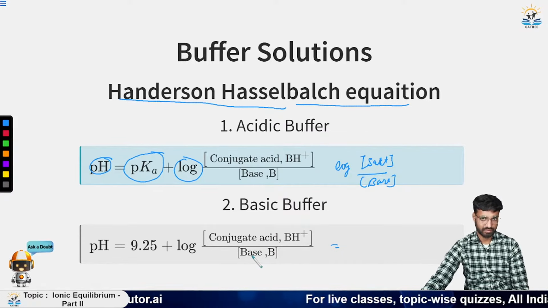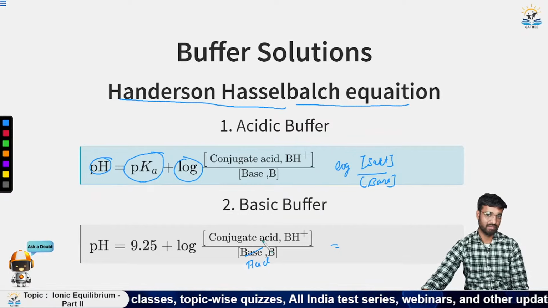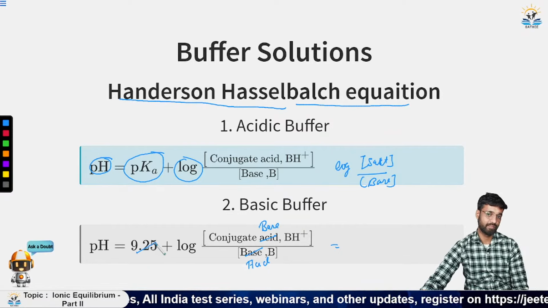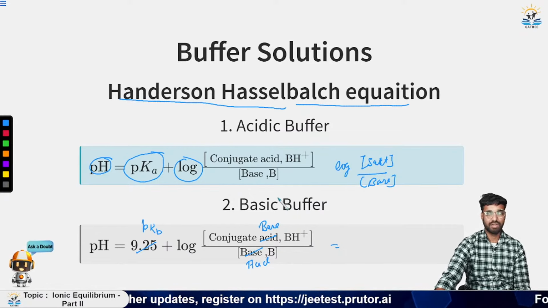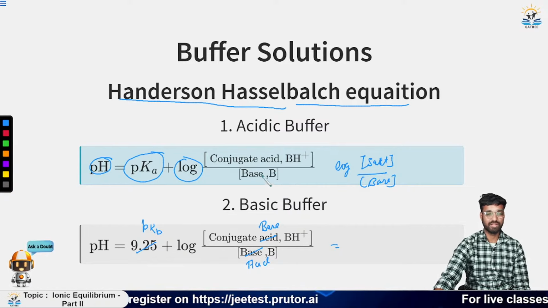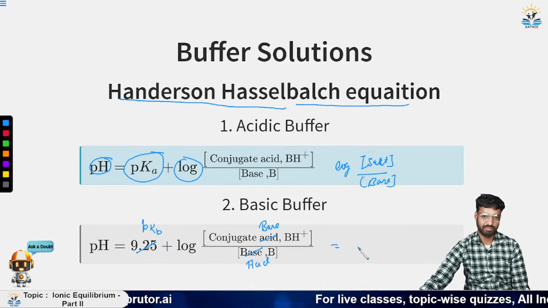Similarly, we have this for the basic buffer. It will be the concentration of acid divided by conjugate base, and it will be again pKb. Sorry for the wrong formula. The formula is quite similar to this, only we have to replace base by acid, and all other things are the same.